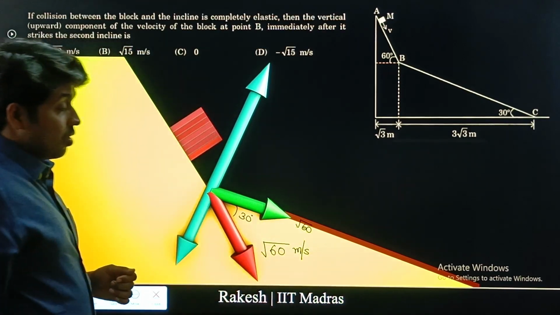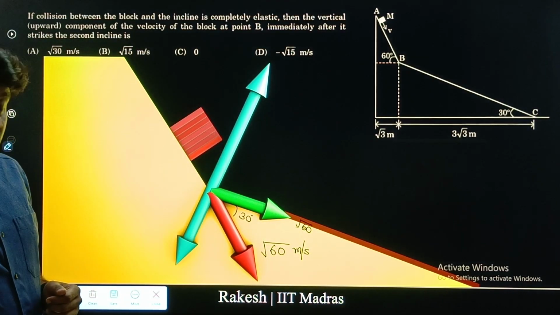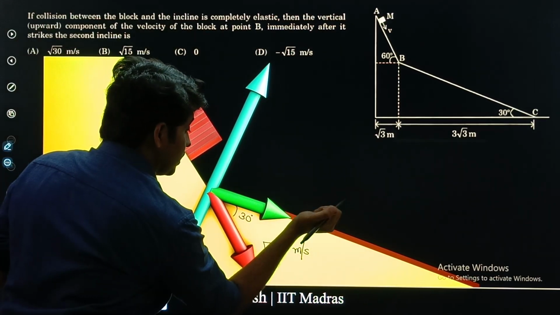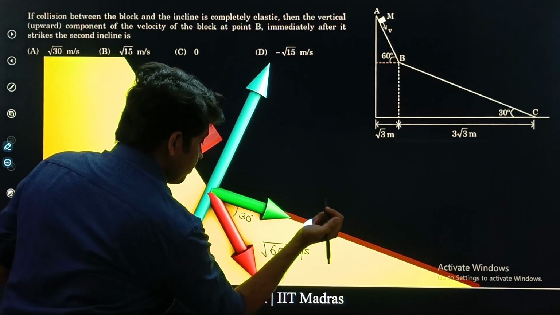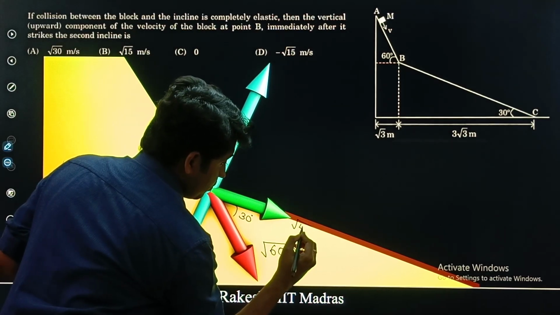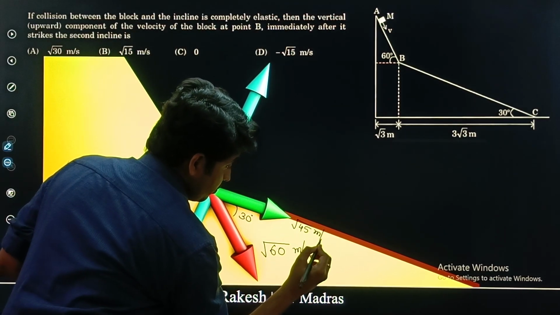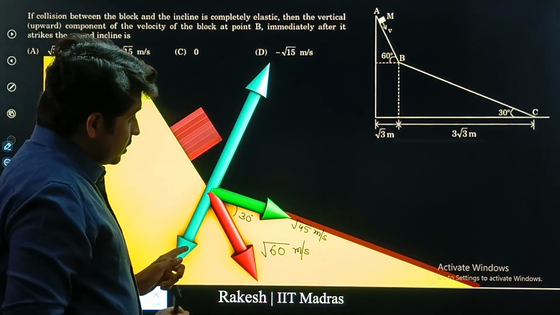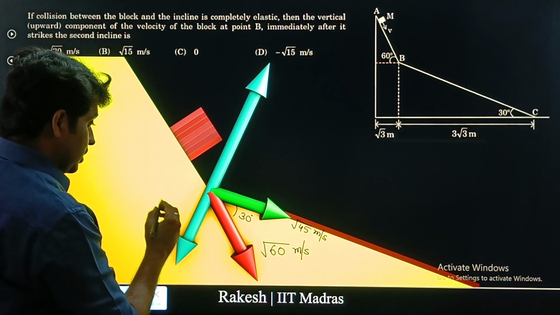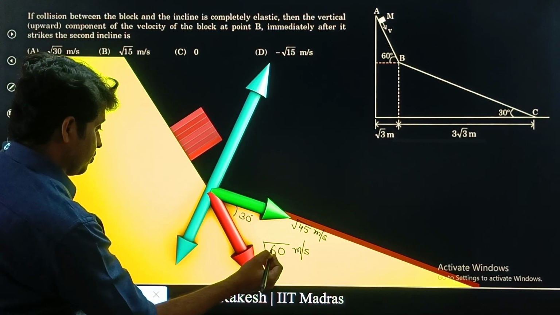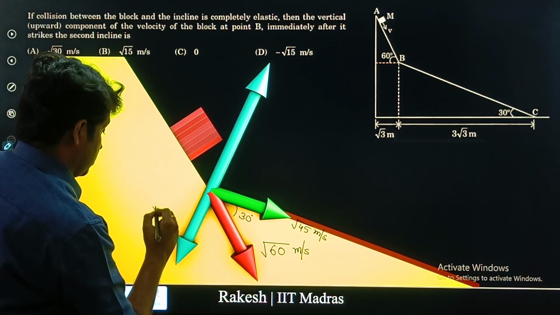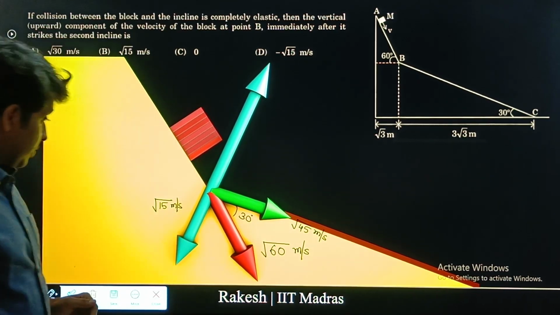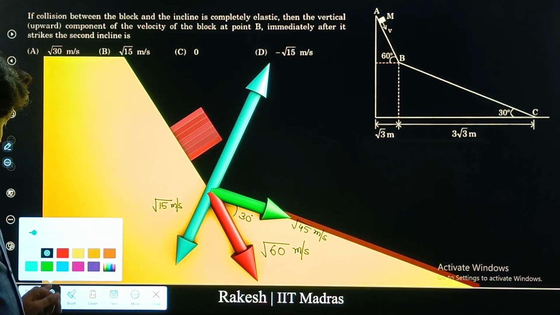And this root 60 cos 30 was equal to under root 45. So I'll just write under root 45 this one directly. And this one will be root 60 sine 30, so that will be root 60 by 2 meters per second. Okay, so these are the two components.